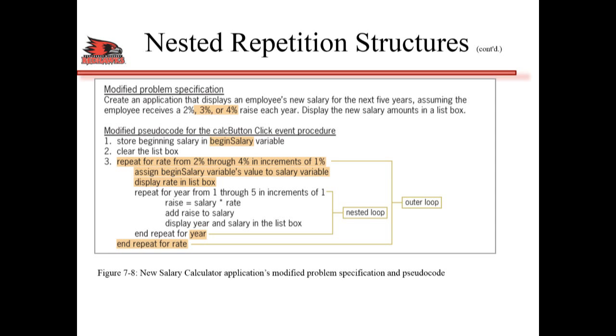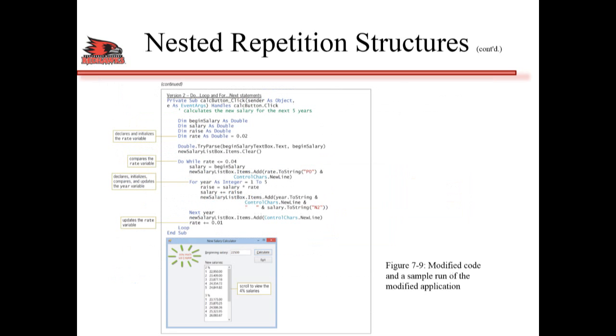This is just an extension of that, meaning that this program will also show his salary increments for 3% and 4%, besides the 2% which is already there. So it's going to look something like this at the end.